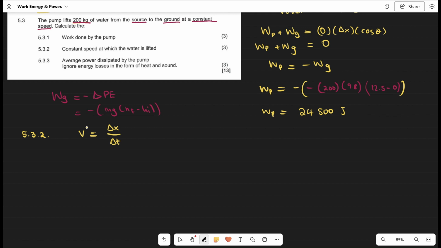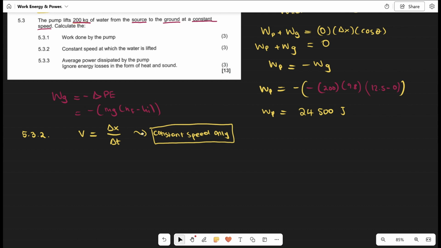This is our formula for constant speed only. If it's not constant speed, we need to use maybe the equations of motion or other alternative methods. But for constant speed, this is our formula, right?